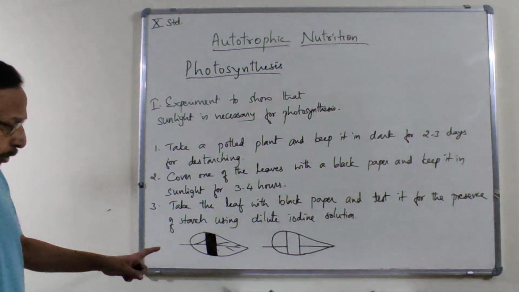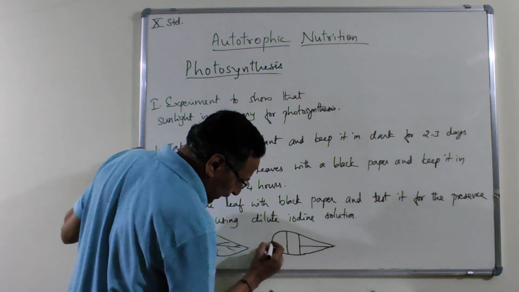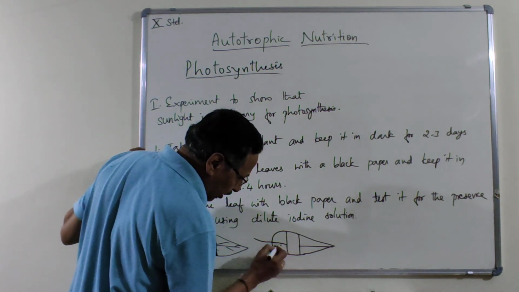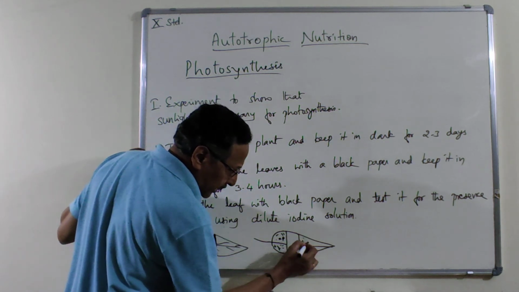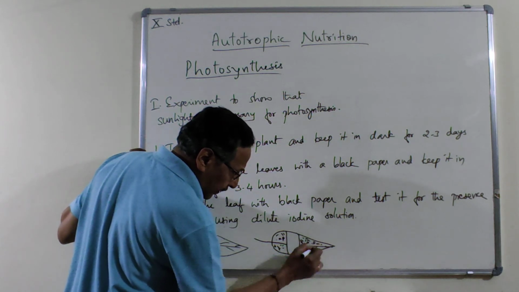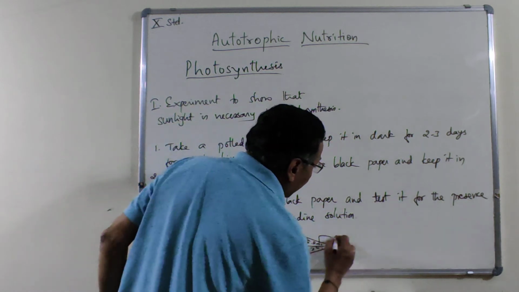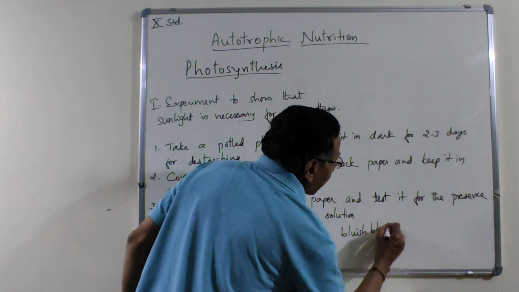You are pouring iodine solution on the whole leaf, is it not? But what will happen here? This whole part, except the part where you have kept the black paper, will turn bluish black.